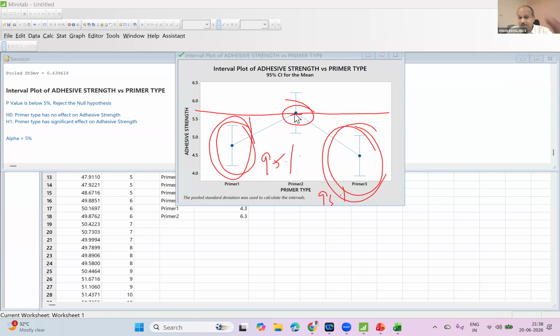Meaning, if you repeat the test 100 more times, 95 times the same result will come. 5% of the time, the opposite result can come for any reason. The confusion is reduced to 5%. Can you see that?